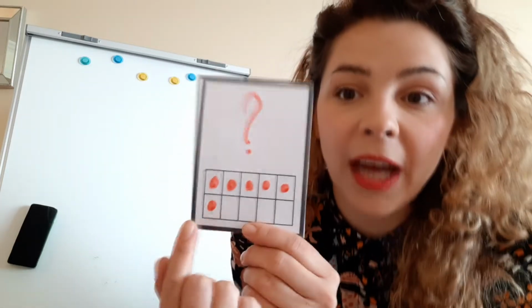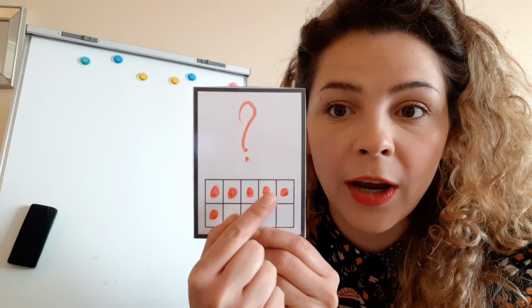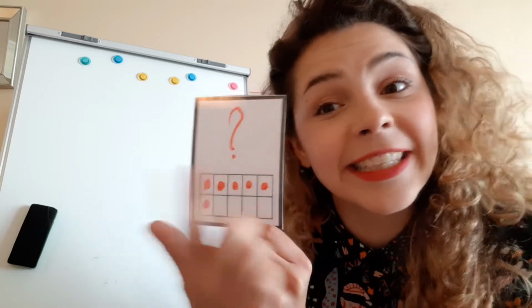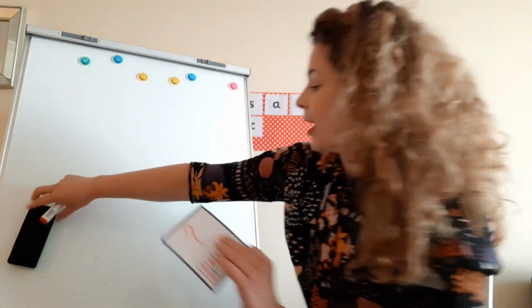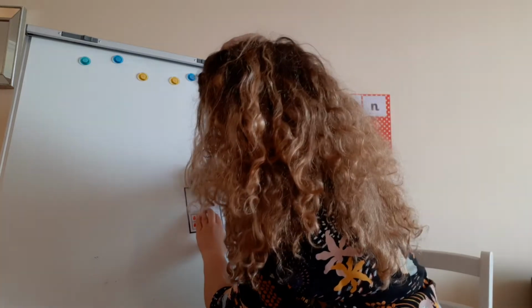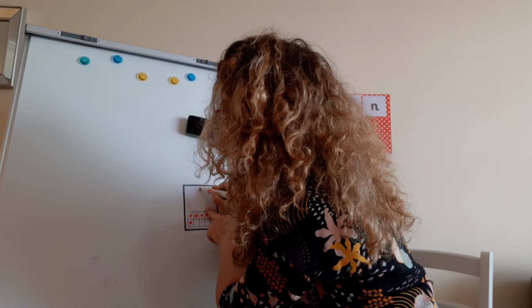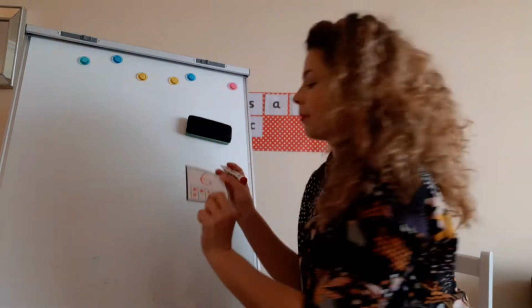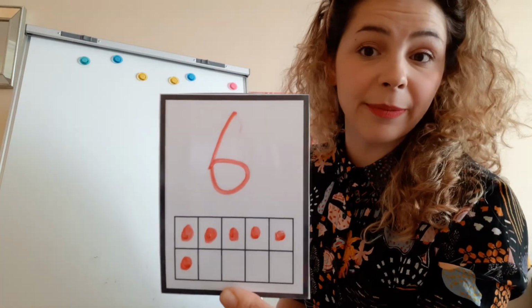We're going to count together. 1, 2, 3, 4, 5, 6. Okay, this is a 10 frame which represents number 6. I'm going to write it here in the case you can't remember at this moment how we write number 6. Okay, number 6, and it's 10 frame.